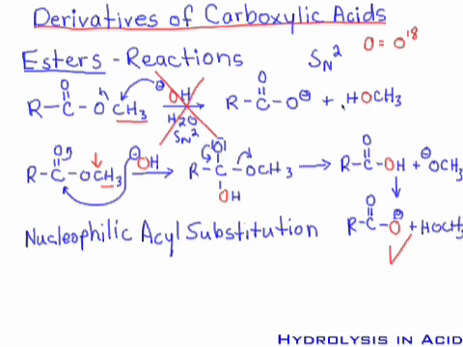Now, the same procedure can be done in acid. We could imagine a situation in which we react the same ester in acid, where the acid protonates here, and because it's a methyl group, even with a weak nucleophile, we'll get SN2.